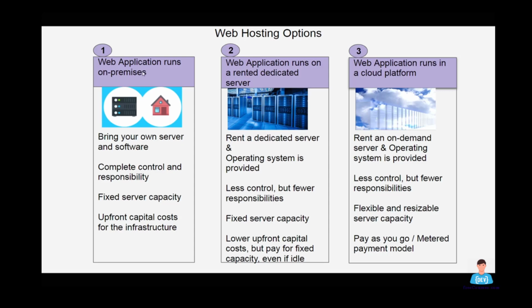And this in-house deployment can be your home, office, or you may rent a place and put your server in there. In this first option, you buy your own server and software. That means you have complete control over your infrastructure.